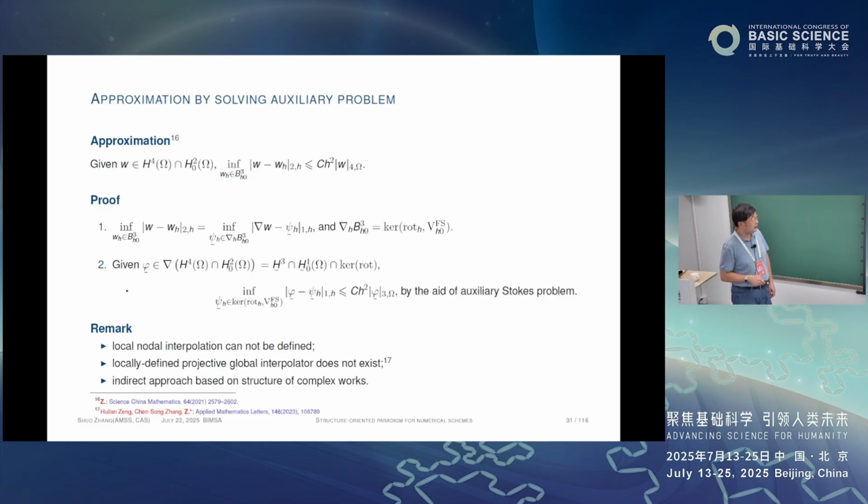So by the aid of this kernel of rot via Fortin-Soulie, we can prove this formulation. That is to say, if phi is in this gradient space, then the best approximation of phi in this space has second order accuracy. That's it.